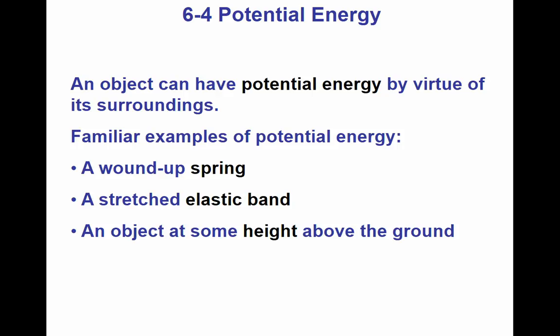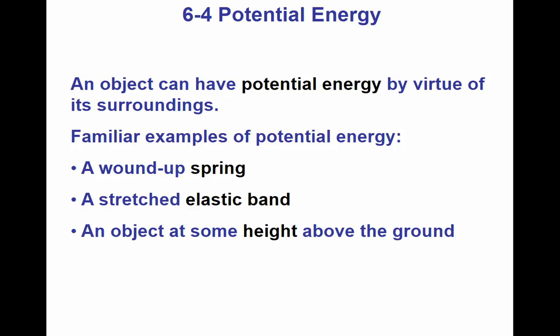All right, potential energy. There are lots of different types of potential energy. We're going to be looking at gravitational potential energy and elastic potential energy. The elastic potential energy, in our circumstances, is typically going to be in a spring. We're not going to look at any specifics of an elastic band.